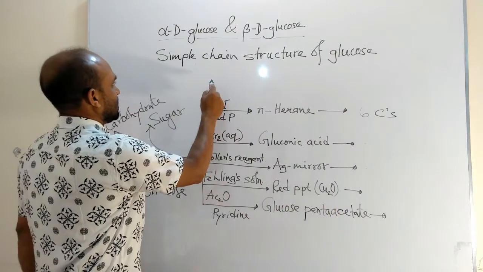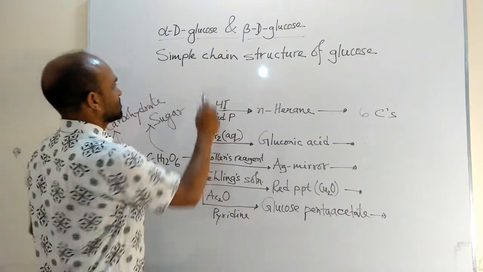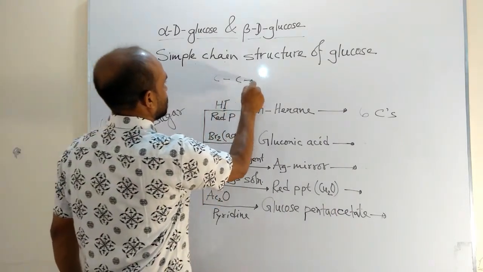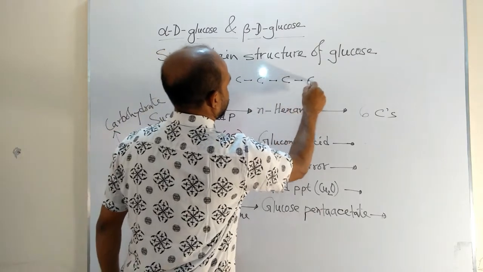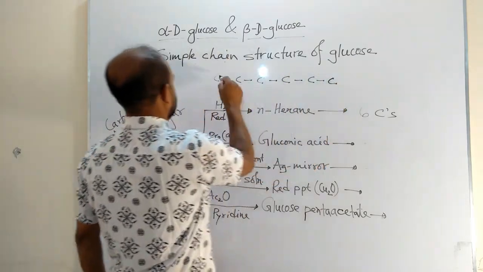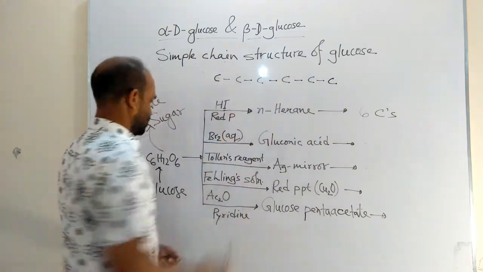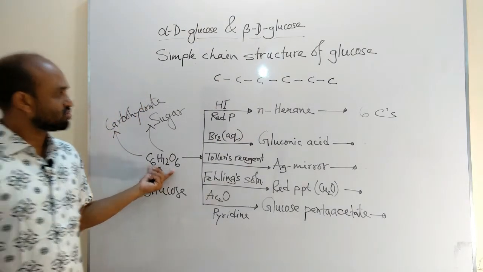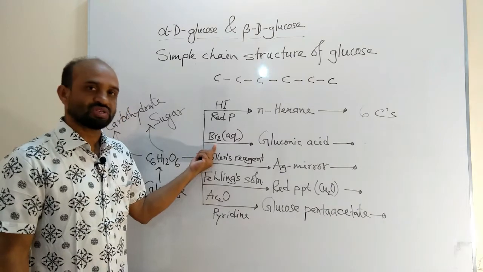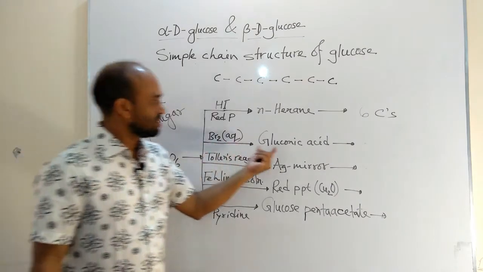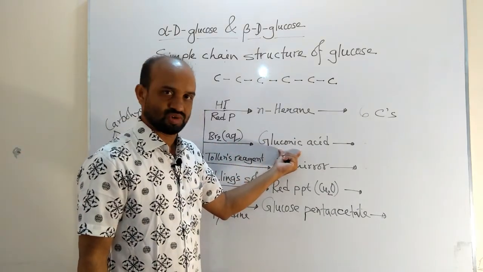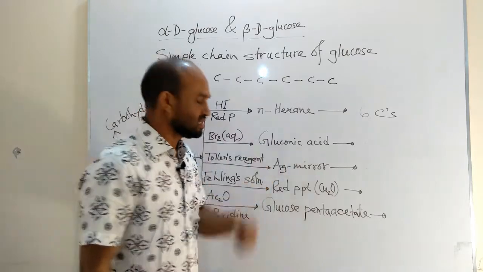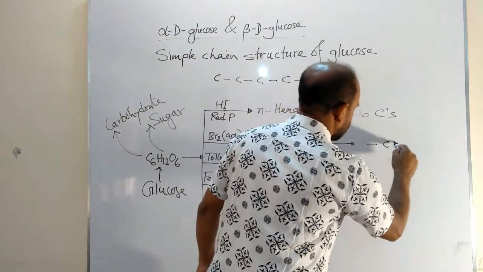So N-hexane means 6 carbon atoms, 1, 2, 3, 4, 5 and 6. Secondly, when glucose is treated with aqueous bromine, then gluconic acid is formed, which proves that it has 1 aldehyde group.